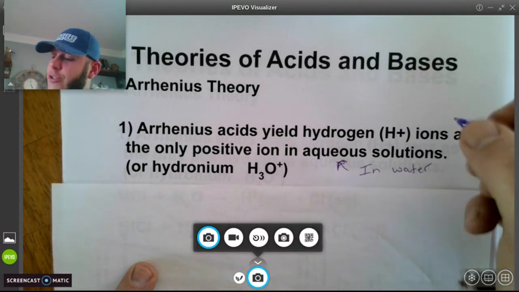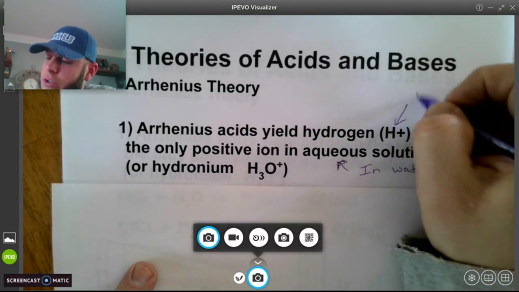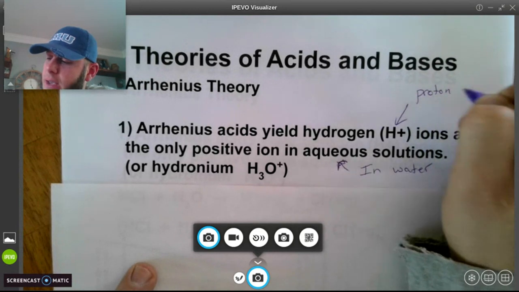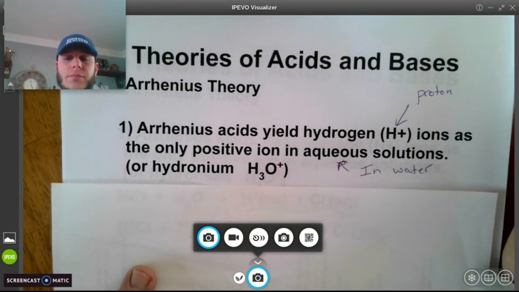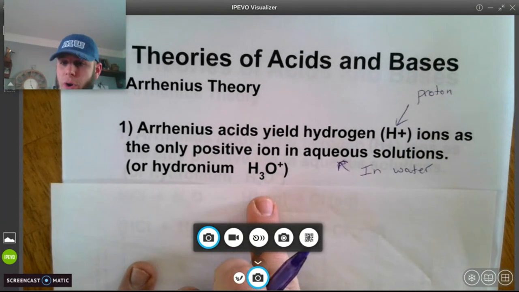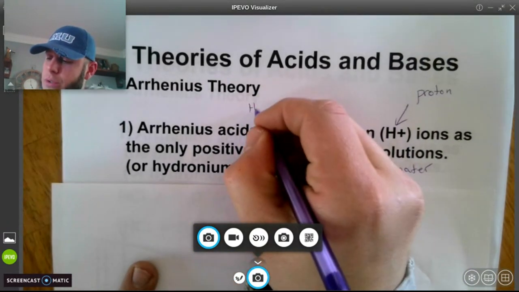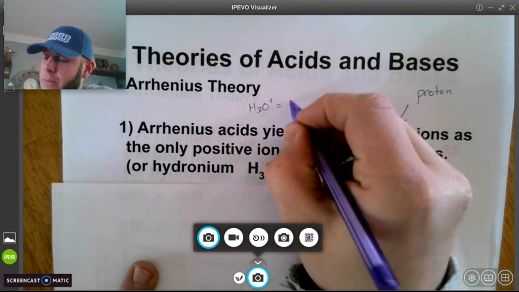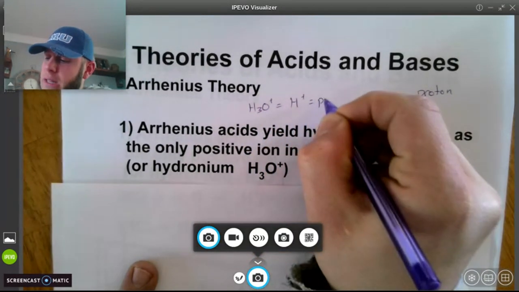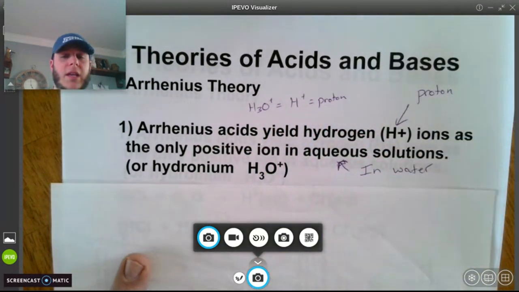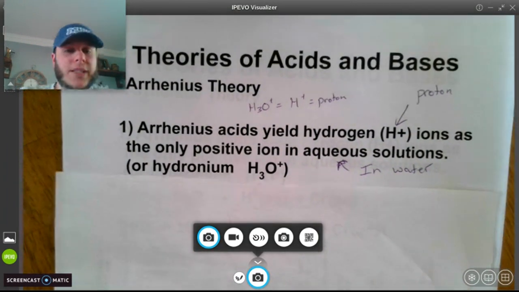H+ is also known as a proton, and hydronium, H3O+, H+, and proton can all be used synonymously. They all mean the exact same thing when it comes to acids and bases.